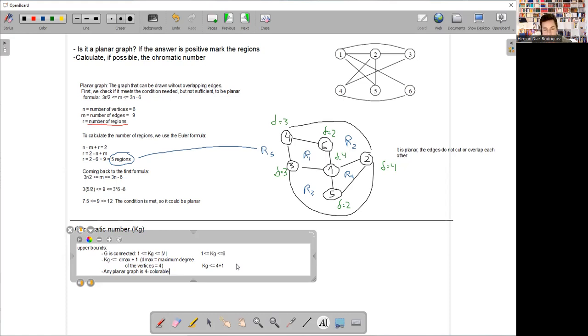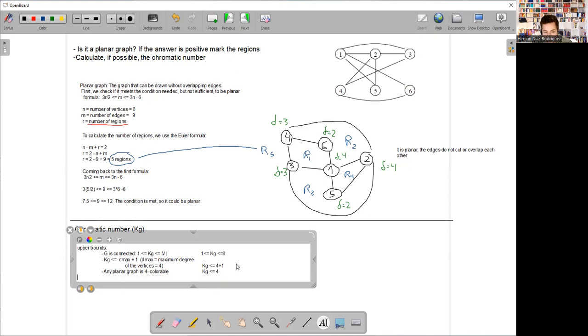That means that if the graph is planar, the chromatic number is lower than or equal to 4. Okay, so this is the most we can get with the theoretical knowledge that we have about graphs, right? So the upper bound is 4, right? The chromatic number must be equal to or lower than 4.